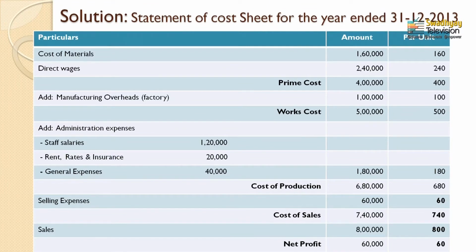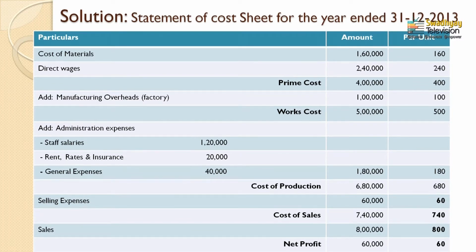Now, see here in the solution, under the heading of administrative expenses, staff salaries are 1,20,000 rupees, rent, rates and insurance 20,000 rupees, and general expenses 40,000 rupees. All these 3 expenses are considered under administration expenses, so that is why they are recorded under this head. In the inner column, the total of these 3 expenses is transferred into the outer column, and it comes to 1,80,000 rupees.